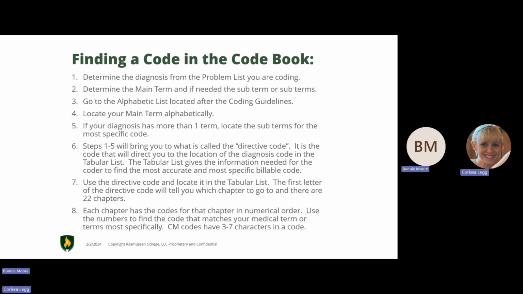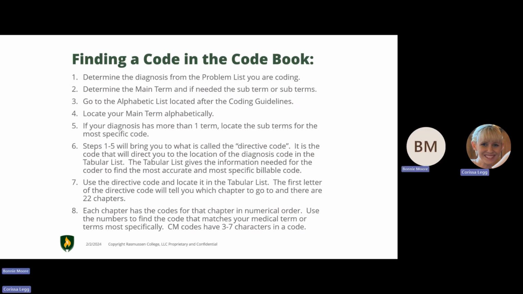Then you take that main term to the alphabetic and locate it alphabetically. If it has more than one term, then you have to locate the subterms. Steps 1 to 5 are basically what's called looking up the directive code in the alphabetic, because that's the code that's going to direct you where to look in the tabular list to get the final code.